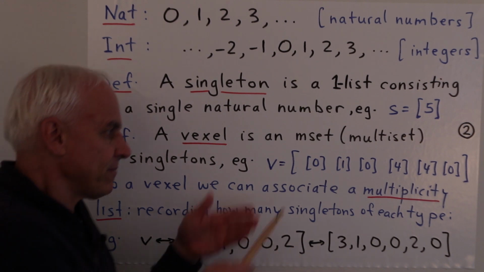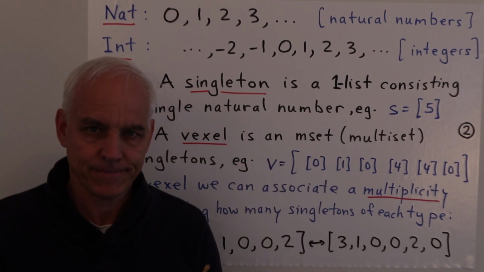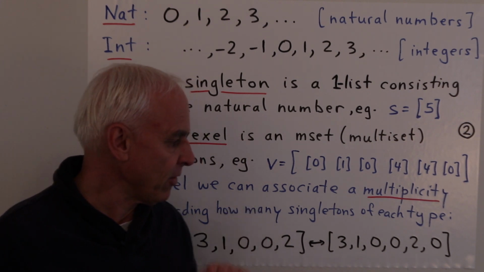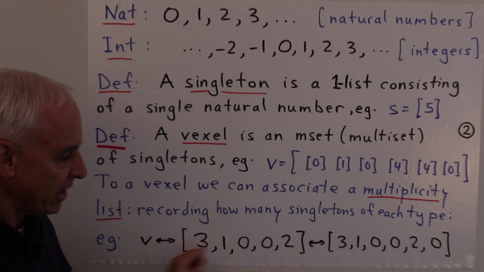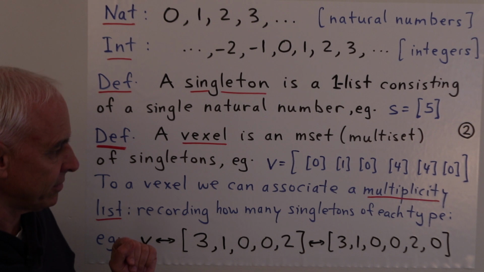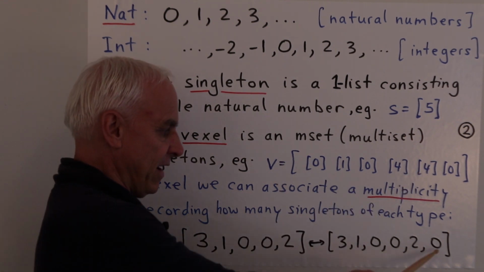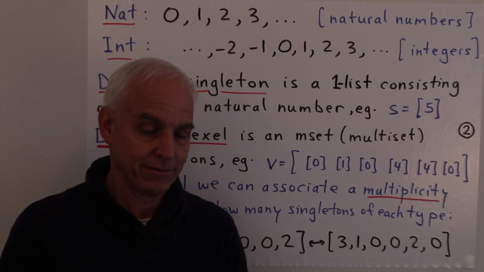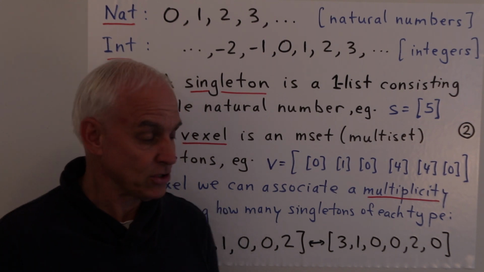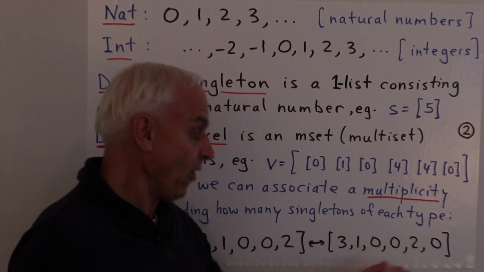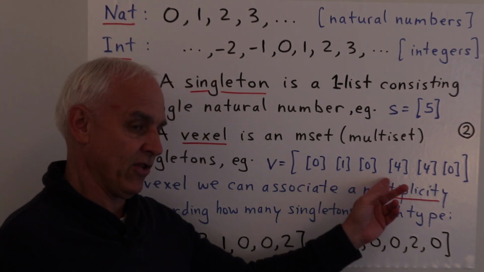Note that this multiplicity list is a little bit ambiguous because somebody else could come along and say, well, what about how many 5s there are? How many singleton 5s are there? There's 0 singleton 5s, so we could also record that. And fair enough, we could. So we could add a 0 there and argue that this is also the multiplicity list for this thing.